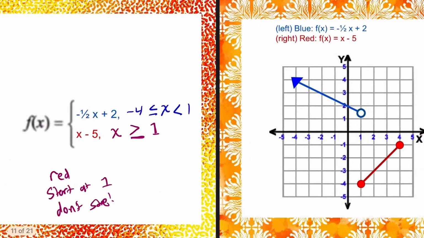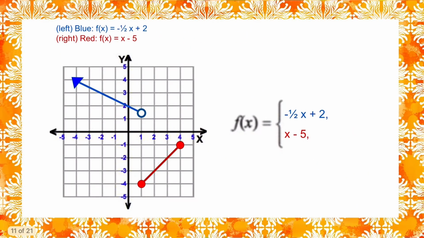Let's do another one. Okay, now we got an arrow on a different section of this. Let's just cover the red domains, the same thing that we did the first time. The red starts at 1, closed circle, x, closed circle, 4. Now let's look at the blue. Where does my function start and where does it stop?